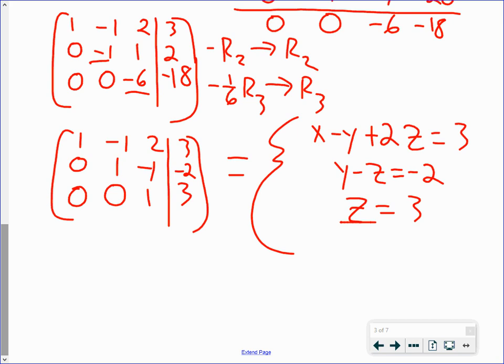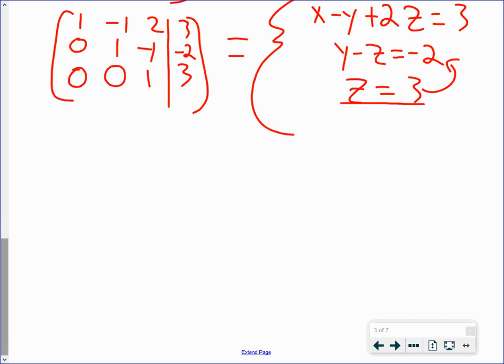So we know what our z is, so all that's left to do is use back substitution or just plug everything in backwards. So we're going to plug z into our second row. So we get y minus 3 equals -2, or y equals 1. So now we have our y and we have our z. We're going to plug that into the first equation.